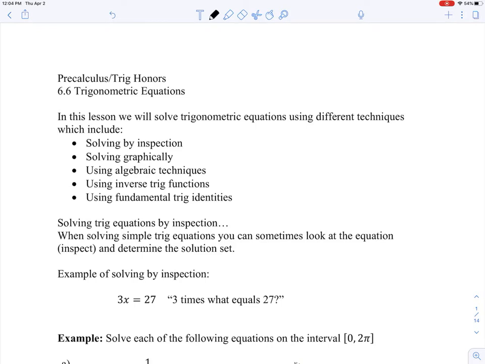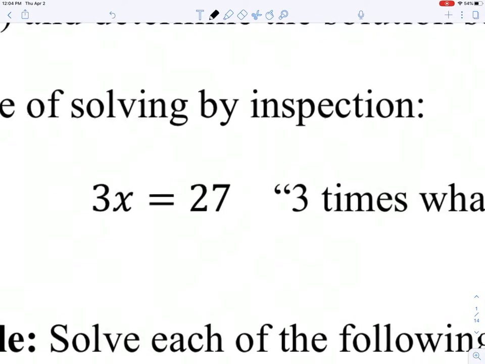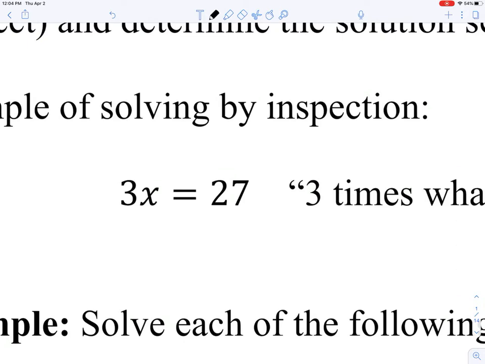What I mean by that is just by looking at the equation or inspecting the equation to determine the solution set. So 3x equals 27 is not a trig equation, but it's a very basic equation.